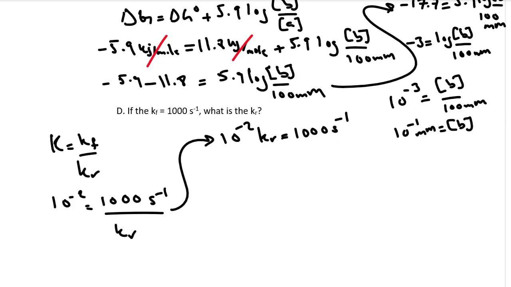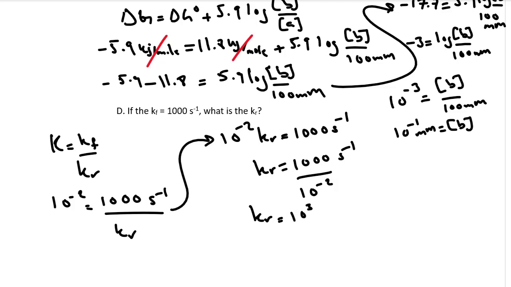And now we're going to divide both sides by 10 to the minus 2. So Kr equals 1000 per second divided by 10 to the minus 2. What I'm going to do is make this 1000 into 10 to the 3, because that's what 1000 is. So Kr equals 10 to the 3.